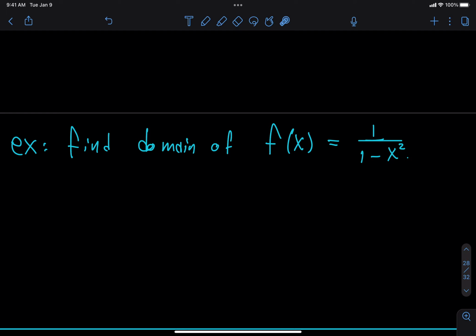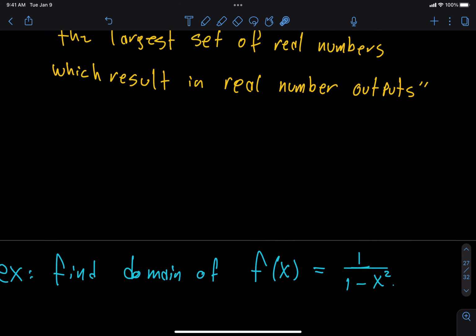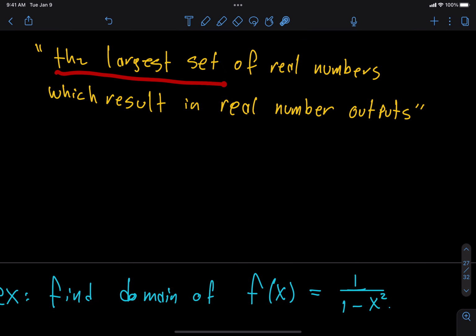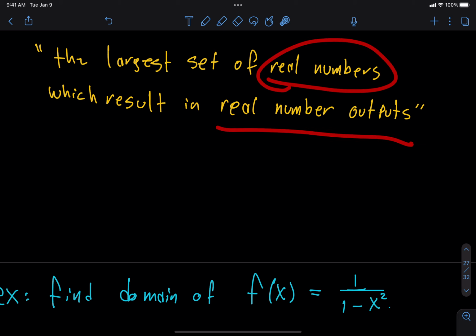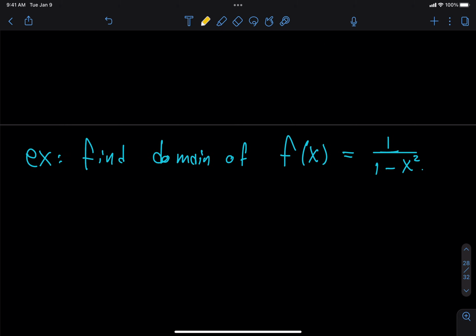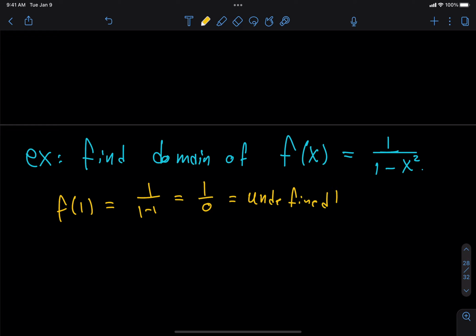Namely 1 and negative 1, right? Why can I not plug in the real number 1 and get a real number as an output? The reason is because if I plug in 1, I get 1 over 1 minus 1, which is 1 over 0, which is undefined, i.e., it's not a real number output.